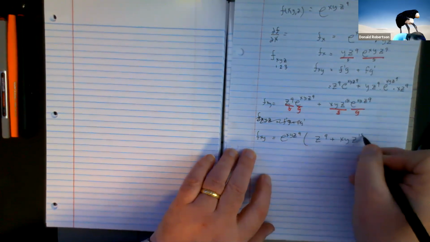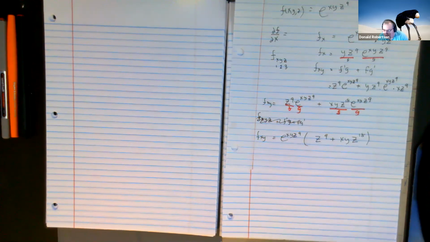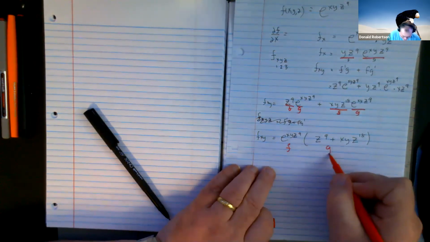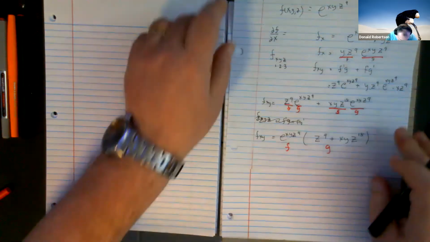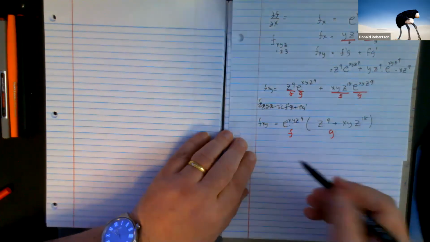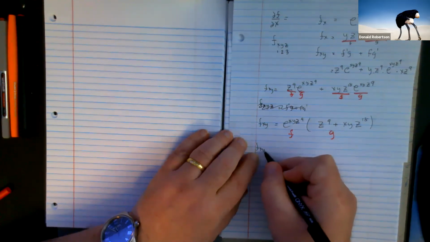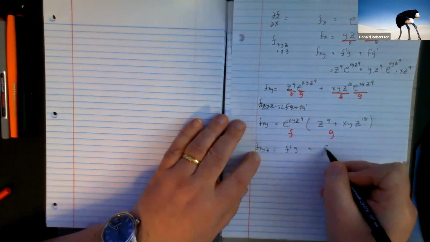Now, I could also pull out a z to the 9, but I suggest you don't, because it actually makes the question harder rather than easier. So it's going to be one massively big product rule rather than two slightly smaller, ugly product rules. So now we can do that. It's going to be f dash g plus f g dashed.